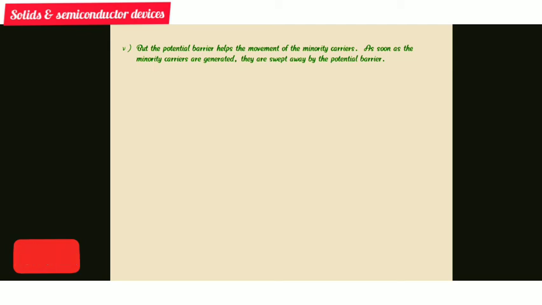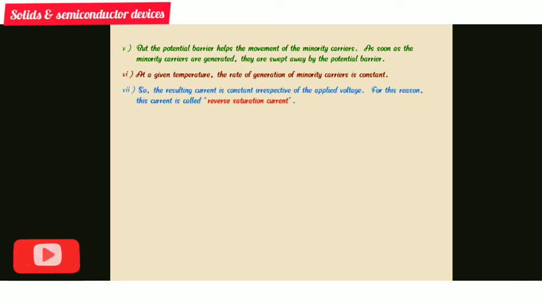As soon as minority carriers are generated, they are swept across the potential barrier. At a given temperature, the rate of generation of minority carriers is constant, so the resulting current is constant irrespective of the applied voltage. For this reason, this current is called reverse saturation current.